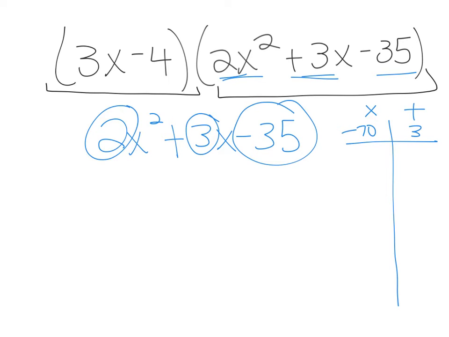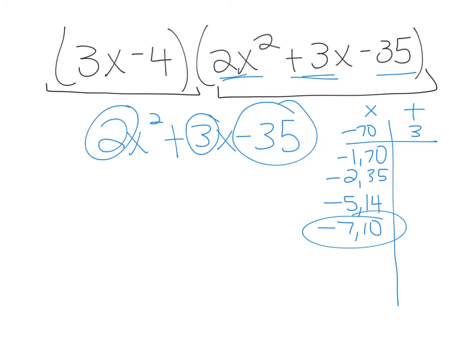I get negative 1 and 70, negative 2 and 35, negative 5 and 14, negative 7 and 10, which just so happens to add to be positive 3. 10 minus 7 is positive 3.